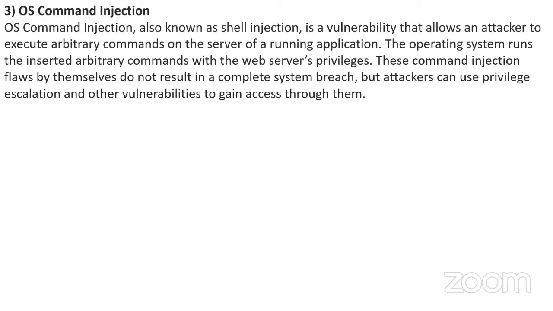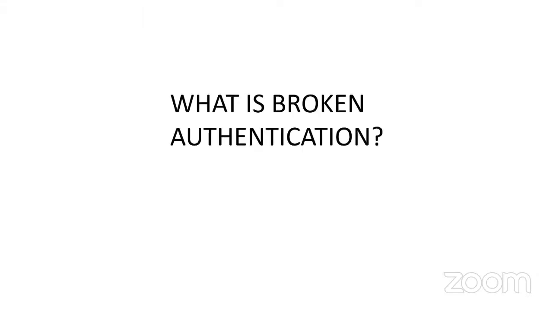These command injection flaws by themselves do not result in a complete system breach, but attackers can use privilege escalation and other vulnerabilities to gain access. So this can be injected directly to the operating system, or as we say, shell injection, and that is done with the operating system memory.